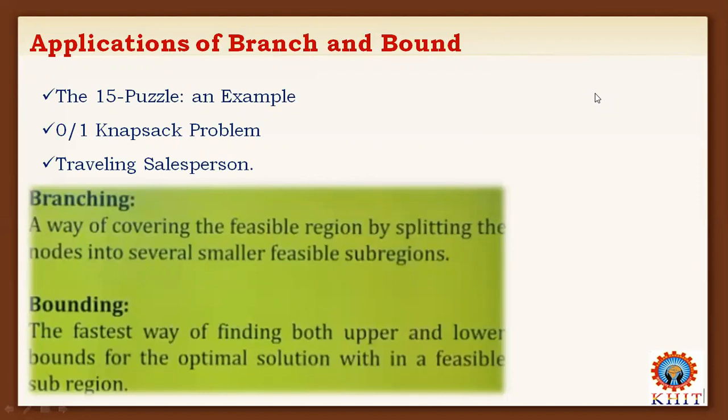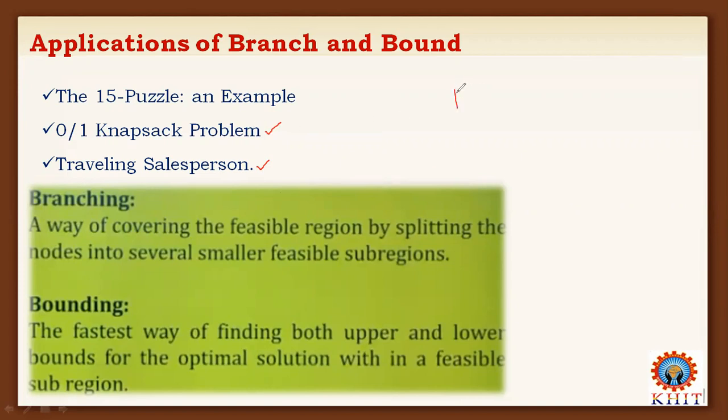Some of the applications which can be solved by using branch and bound algorithm design technique are listed below. The first one is the 15 puzzle problem. You can solve puzzles like the 15 puzzle by using branch and bound technique. Other important applications are the 0/1 knapsack problem and the traveling salesman problem, which can also be solved by using branch and bound.